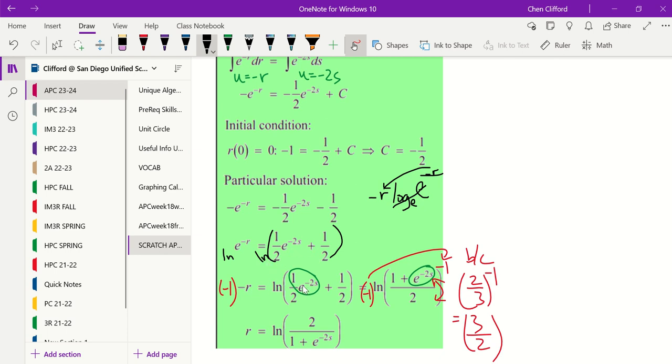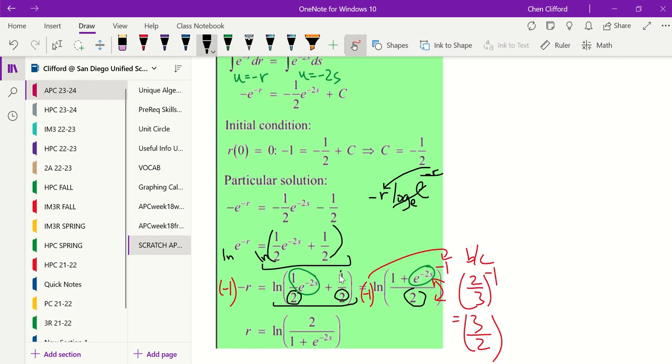How do we simplify that? I'm just going to copy down what we have here to here. This is e to the power negative 2s over 1. So I'm just going to group this in the numerator. And so these both at this point have a denominator of 2, so we can go ahead and combine the fractions. 2, 2, 2.